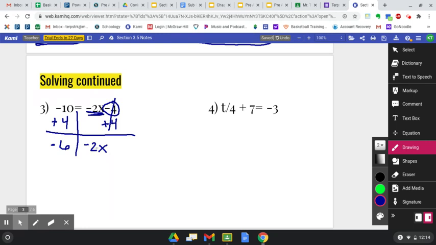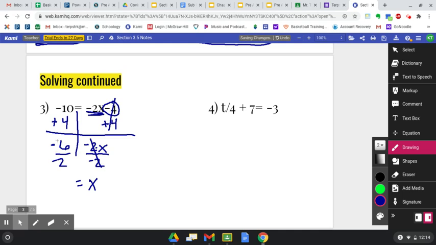Now, negative 2 times something has to equal negative 6. Hopefully you can see that it should be 3, but let's do the inverse. The inverse of multiplication is division, so I'm going to divide by negative 2. That gives me 1. Negative 2 divided by negative 2 is 1, so that isolates to 1x. I have to divide this side by negative 2, too.